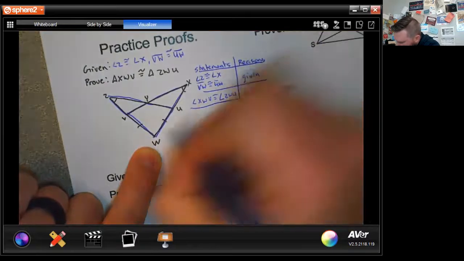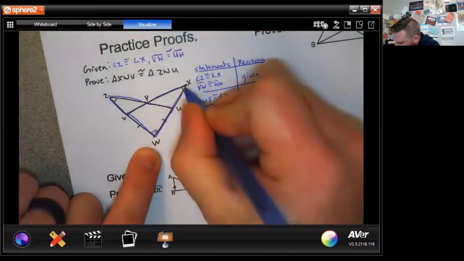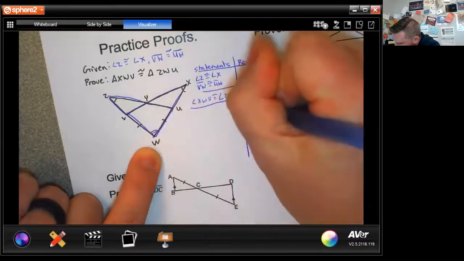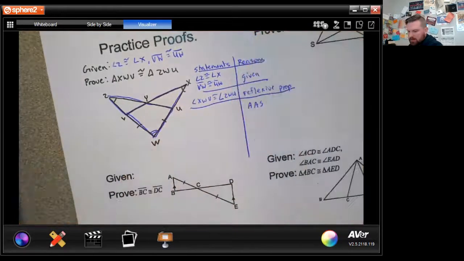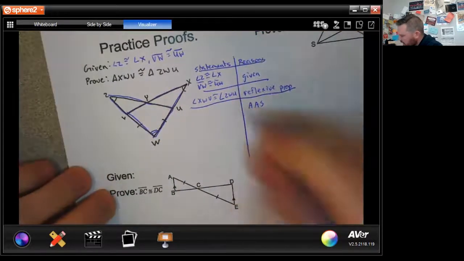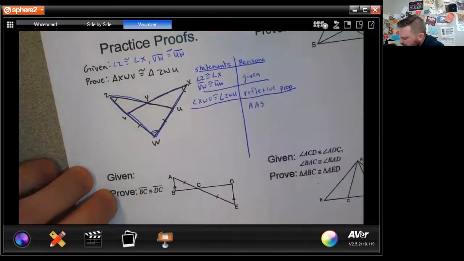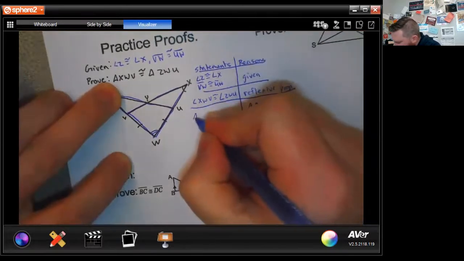Okay, so now we got this angle. So you have an angle, and a side. An angle, and a side. So that proves that is on my list. Angle, side. That is on my list. So these two triangles can be congruent now.